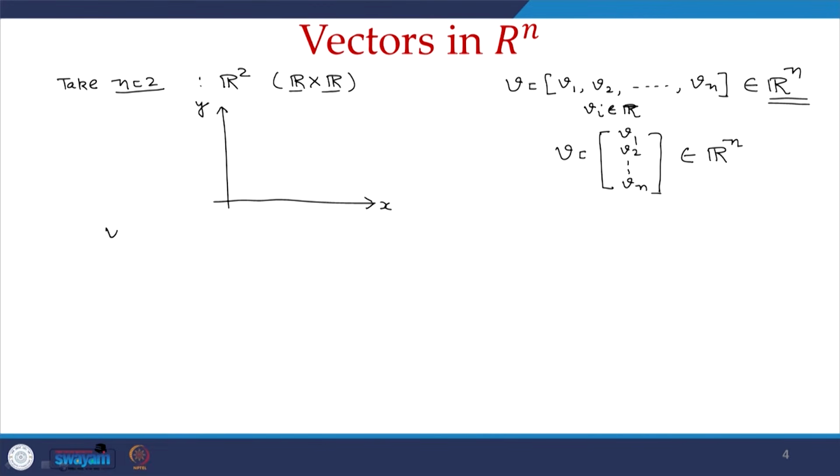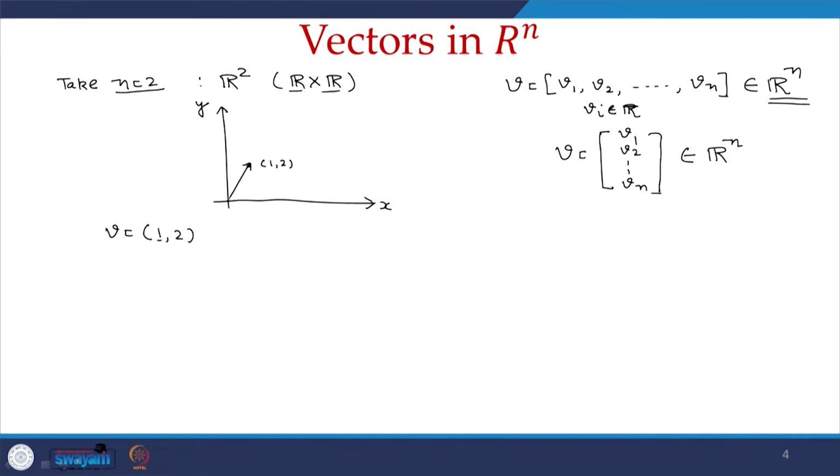Let me take a vector in this R2, v equals to (1, 2). Here the first component is the component in the direction of the x axis, and the second component corresponds to the y direction. So, I have a point here, (1, 2), and this is my vector v.